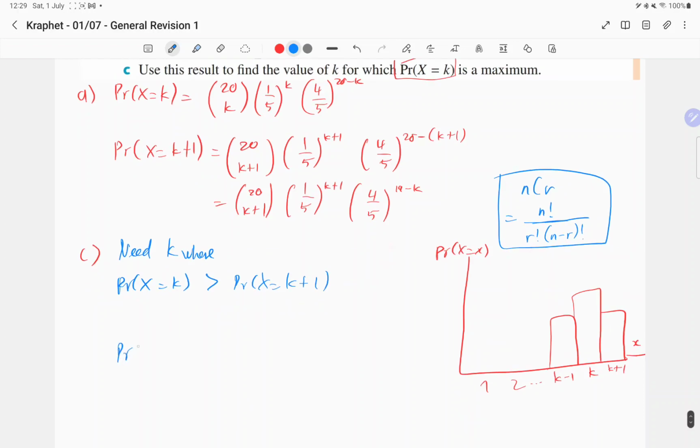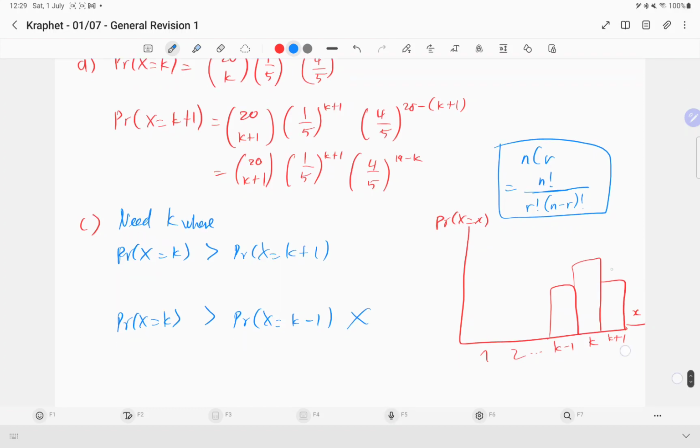And also PR x equals k is also more than PR of x equals k minus 1. Yeah, okay. Right? It has to be higher. Or hang on, let's see. It would decrease. No, actually you don't need this one, because if the second one is higher, oh no, yeah, you do need that one. Yeah. So the one before is lower and the one after is also lower.